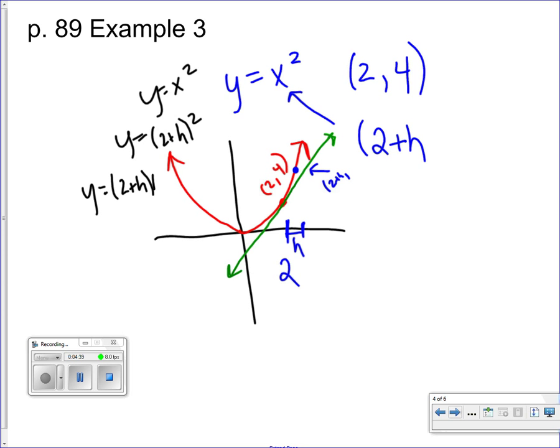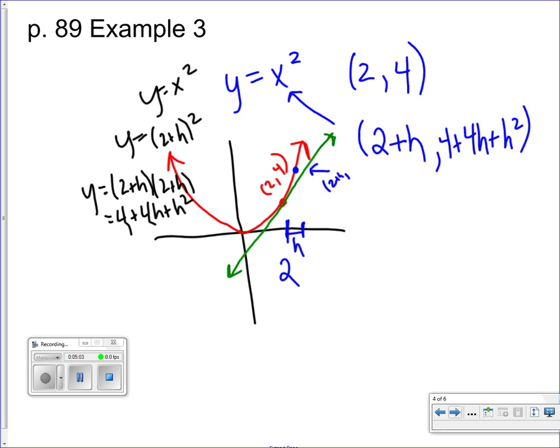That's 2 plus h times 2 plus h. So I'm going to FOIL that all out, and I'm going to get 4 plus 4h plus h squared. So that is the y-coordinate at that point. And I found it by putting 2 plus h into the original equation. 4 plus 4h plus h squared is the y-coordinate.